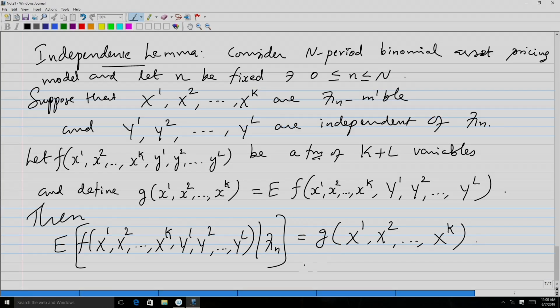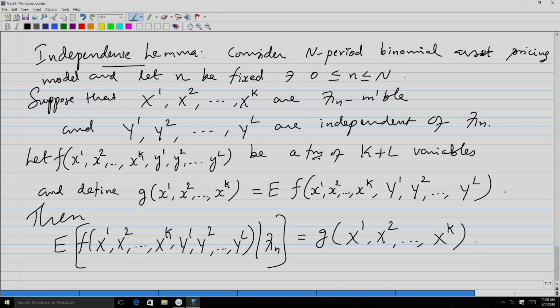K of them are measurable with respect to the sigma field that you are considering, and L of them are independent of this Fn. Then what this says is this conditional expectation is simply given by a function g of these random variables x1 to xk, which are measurable with respect to Fn.